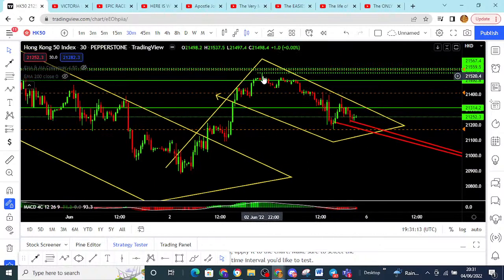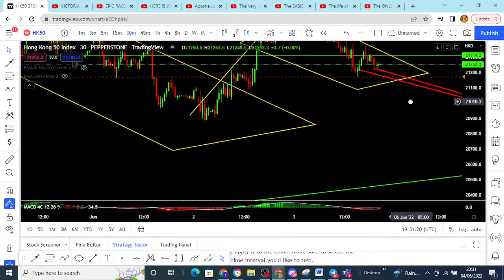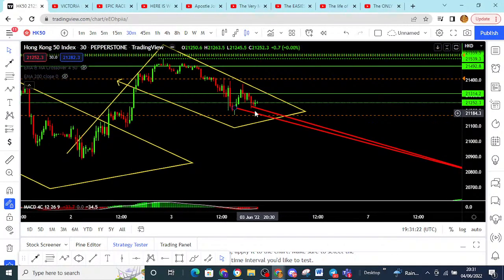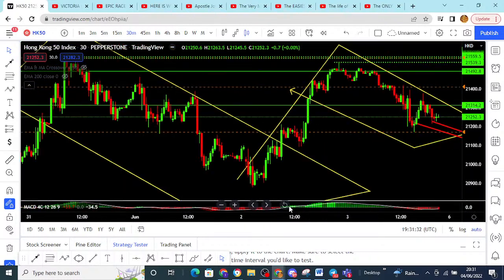Here the rejection of higher prices signaled the market was going down. We are waiting to see what sort of signals the candlesticks will give us. Rejection and then go back up, or will it carry on until it hits the trend line? This is what we're waiting to see.